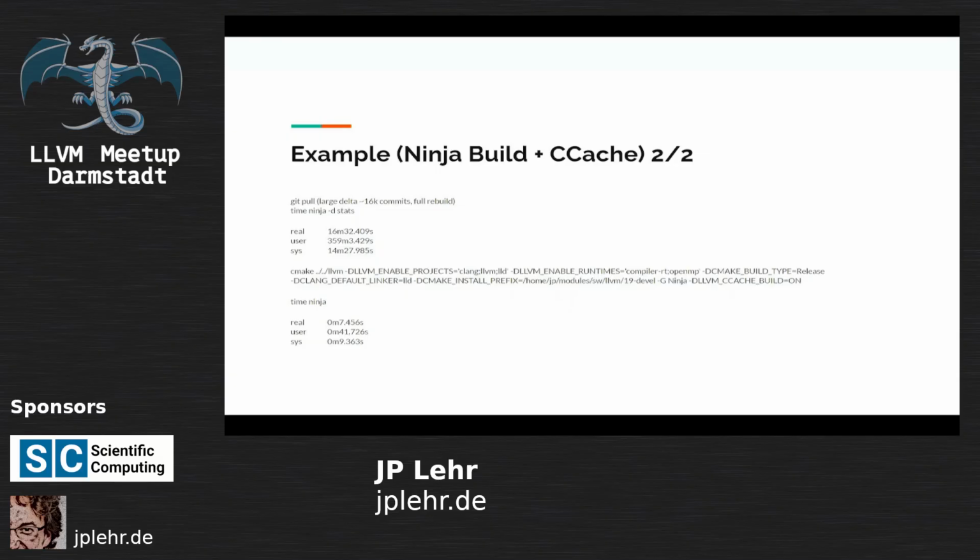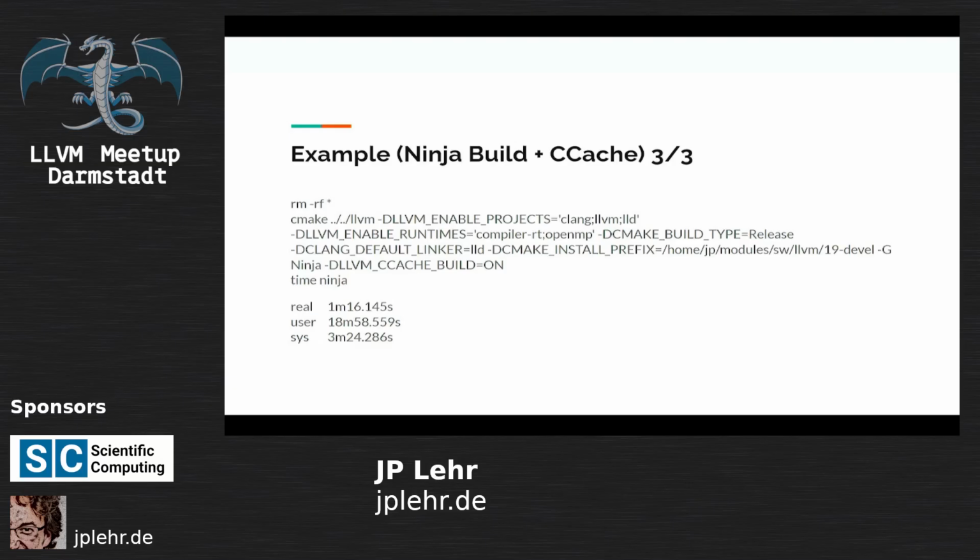And then I just removed everything in the build directory and did a reconfigure with the exact same CMake invocation, and now did another Ninja build, which in theory would rebuild the whole thing. But since Ccache is still hot, we actually can compile it in only a minute and 16 seconds.